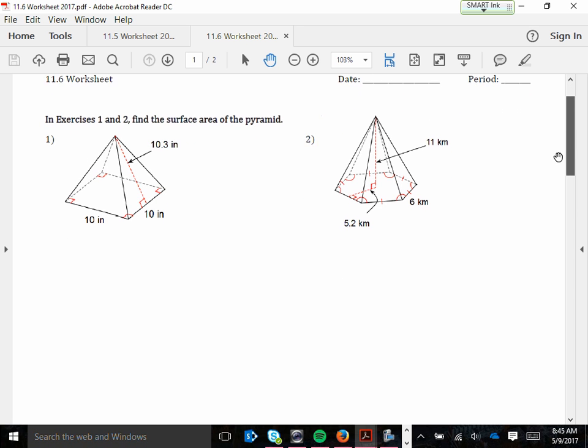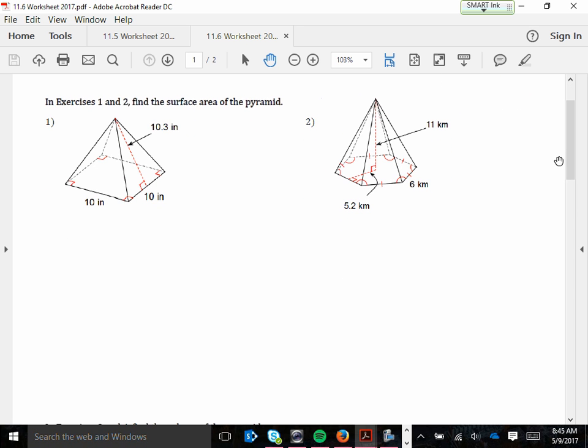The first two problems on your assignment, so go ahead and grab that 11.6 worksheet out in front of you if it's not in front of you. The first two problems only ask, if you read the directions, for surface area. They don't ask for volume.